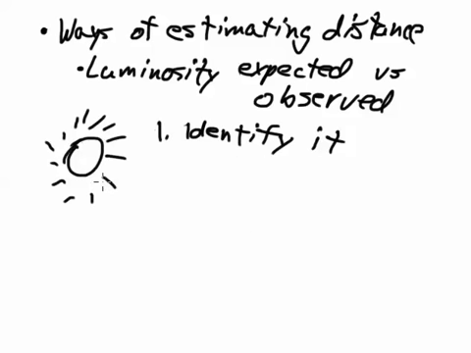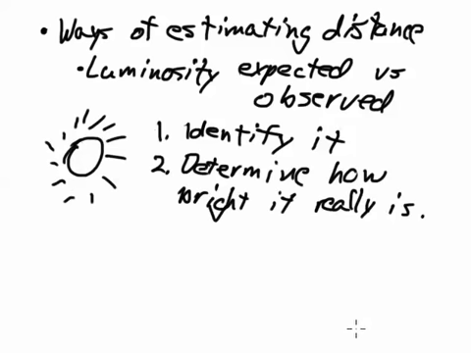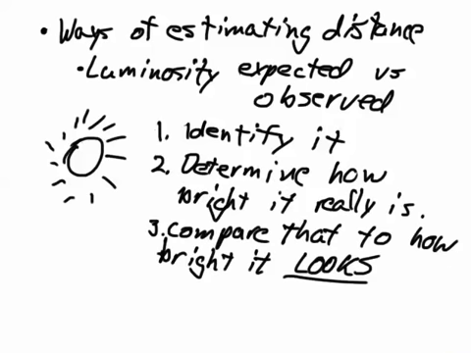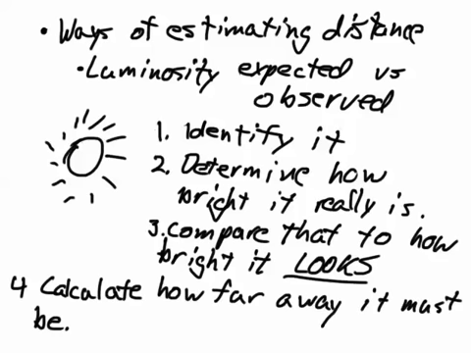Basically, you figure out what kind of star it is, and if you can figure out what kind of star it really is, that means you can determine how bright it really is. Then you want to compare how bright it really is to how bright it looks, and from that you can calculate how far away it must be.